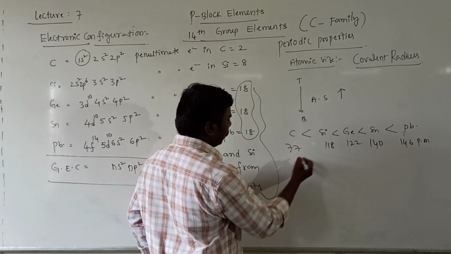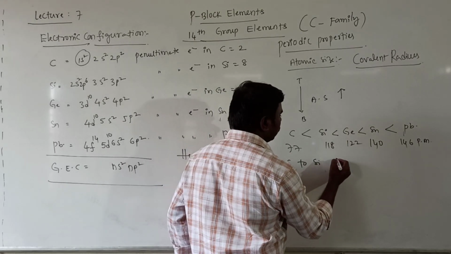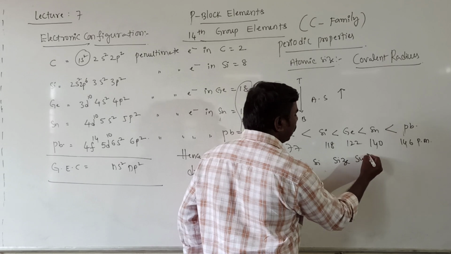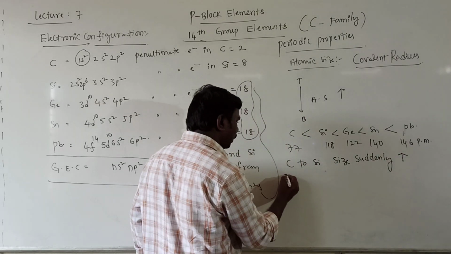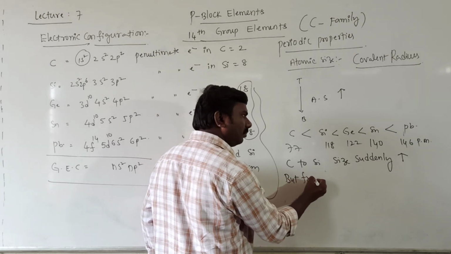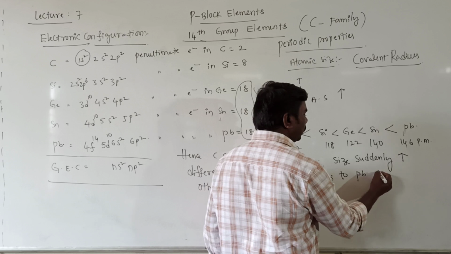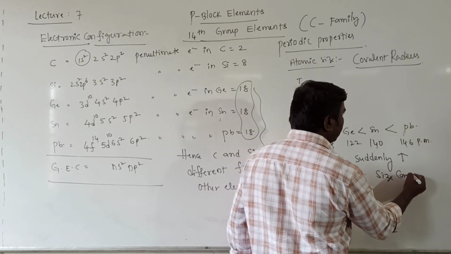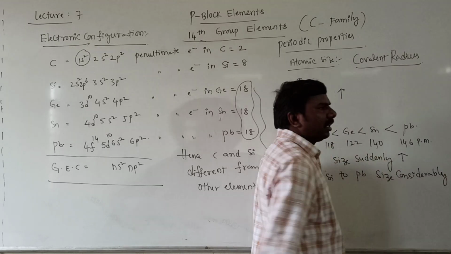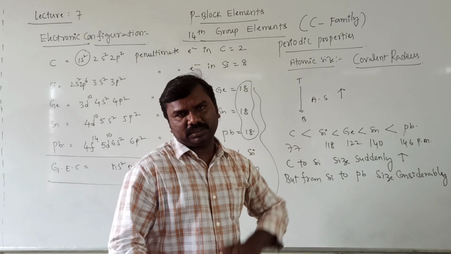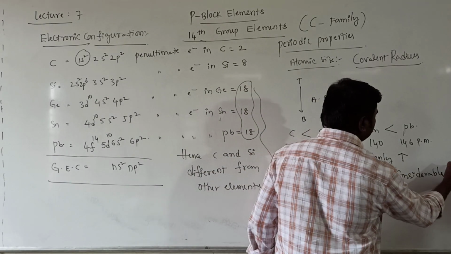Because from carbon to silicon the size suddenly increased, but from silicon to lead the size increases consistently, slowly, with only a small increase.